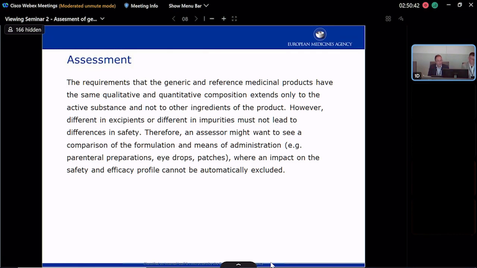Therefore, an assessor might want to see a comparison of the formulation and means of administration, for example for parenteral preparations, eye drops, patches, where an impact on the safety and efficacy profile cannot be automatically excluded.